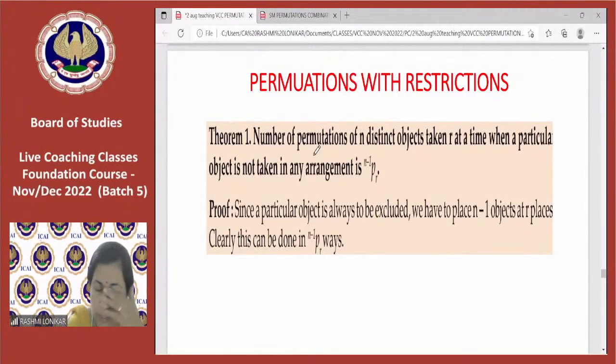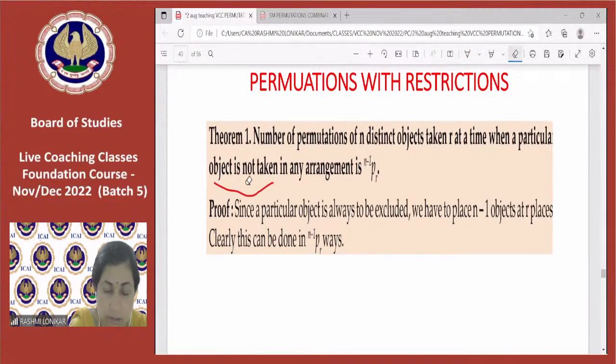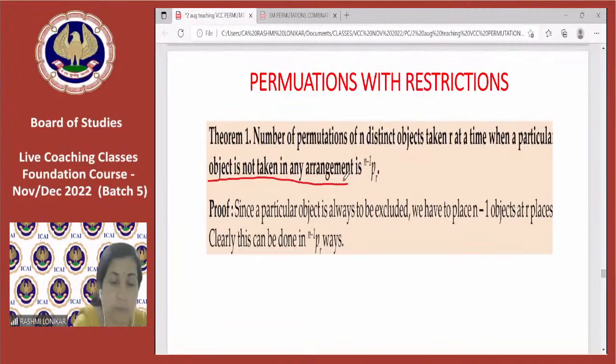So what can that be? Permutation with restrictions are the number of permutations of N objects taken R at a time when a particular object is not taken in any assignment.